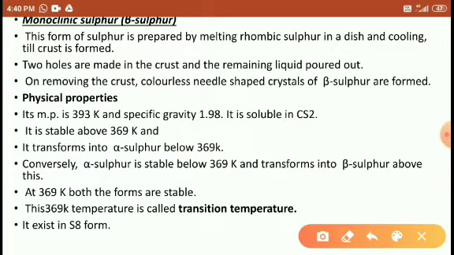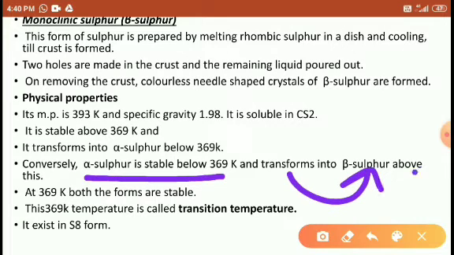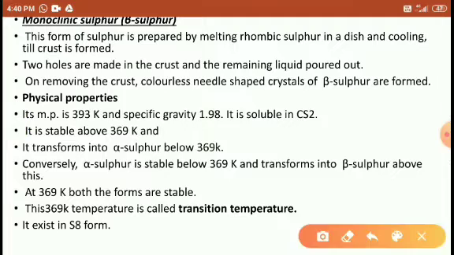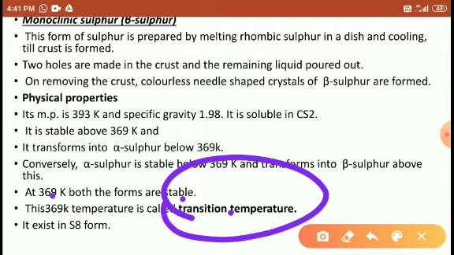Conversely, alpha sulfur is stable below 369 Kelvin, and alpha sulfur transforms into beta sulfur above 369 Kelvin. Right, students? At 369 Kelvin both forms are stable. So that is why 369 we call the transition temperature.